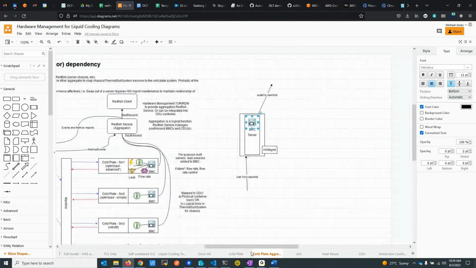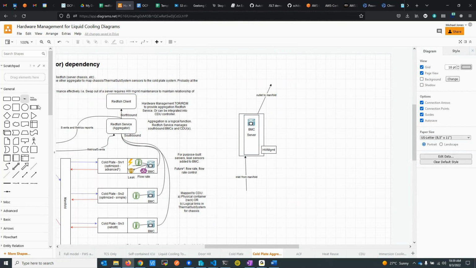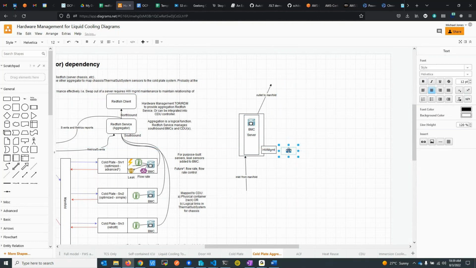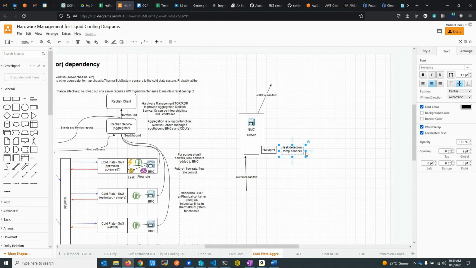Yeah. And I think you were saying that this particular one here has its own leak detection, right? Temp. So, Mustafa, out of curiosity, are you using separate hardware management? So you are not using the BMC, rather using the hardware management and connecting all of the sensors of the tank or the chassis to it, right?